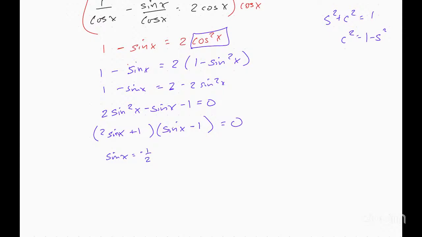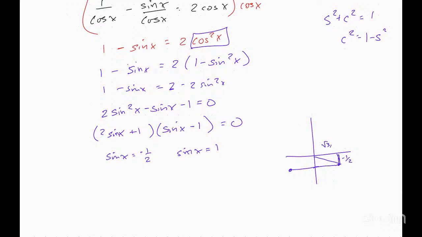Think of your unit circle. When does sine x equal negative 1/2? Sine is the y coordinate, so it's going to be here and down here. So it's going to be when this is negative 1/2, which means this is root 3 over 2, or sorry, negative root 3 over 2, right?